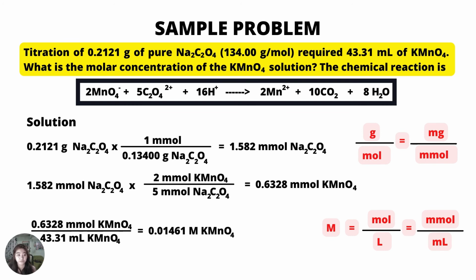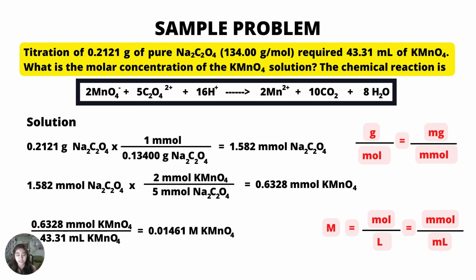So the next step is to solve the concentration of the standard solution. 0.6328 millimole is divided by 43.31 mL potassium permanganate. As you can see, we have millimole, so the mL is not converted to liters.